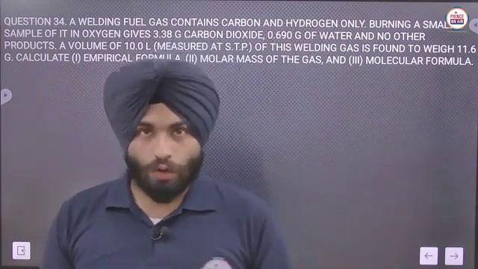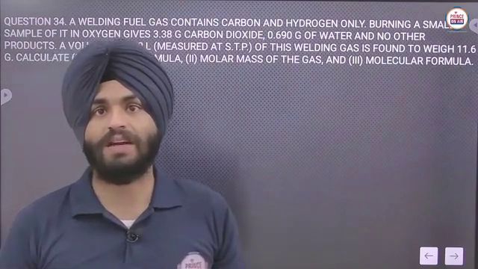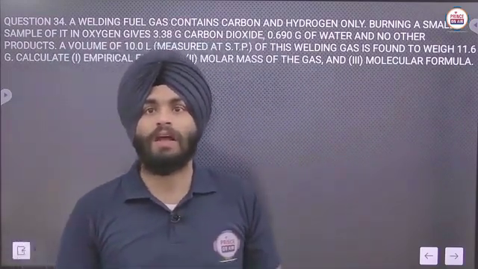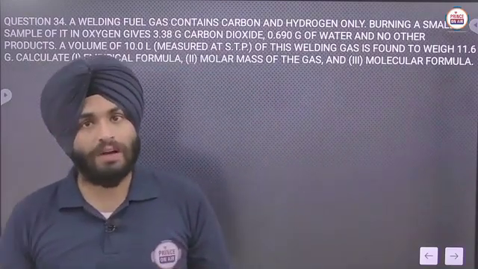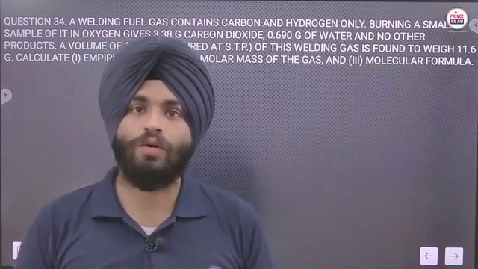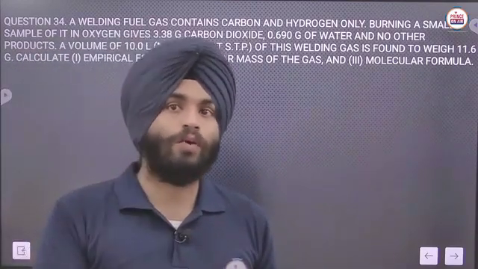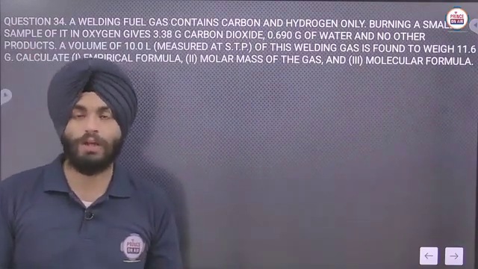A volume of 10.0 liter measured at STP of the welding gas is found to weigh 11.6 gram. Calculate the empirical formula, molar mass and molecular formula of the gas. So these three terms we have to calculate.